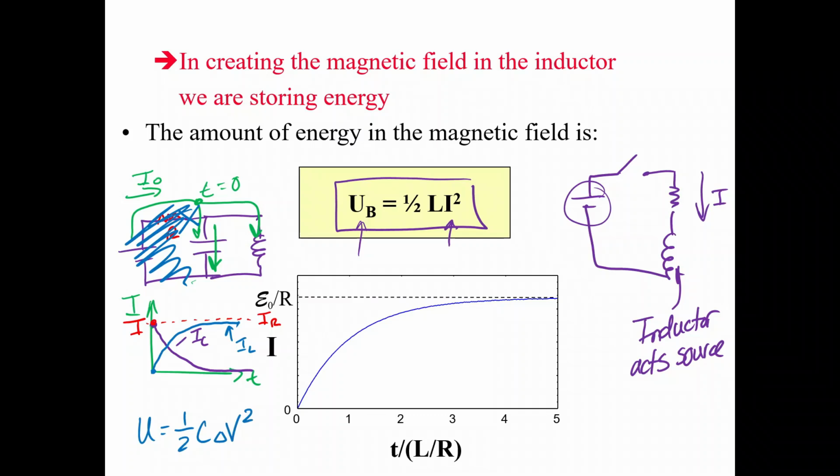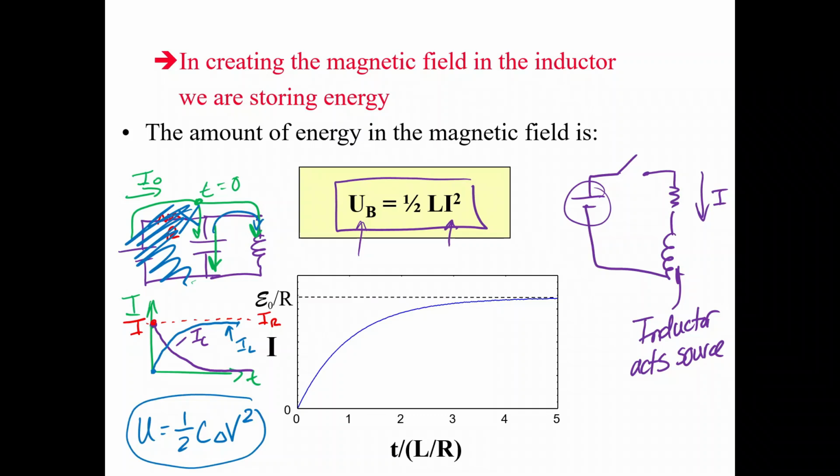So the capacitor is going to be fully charged, and it's going to have all of this potential energy. And then when you remove that power supply, that capacitor is going to start to discharge, and the inductor is going to resist that.